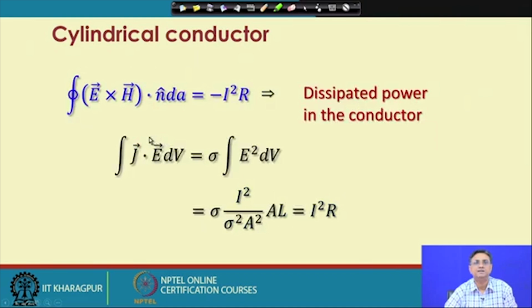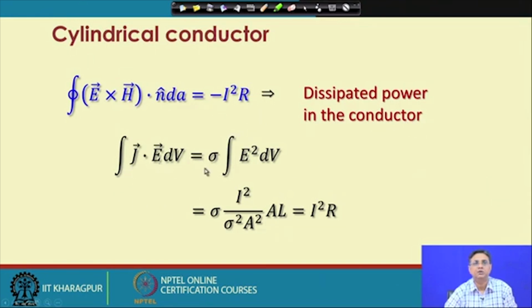So, in the case of a cylindrical conductor which carries a current I, if you calculate the Poynting vector over the curved surface, it really gives you I square R with a negative sign. It tells you that this amount of energy is dissipated out and away from the conductor.